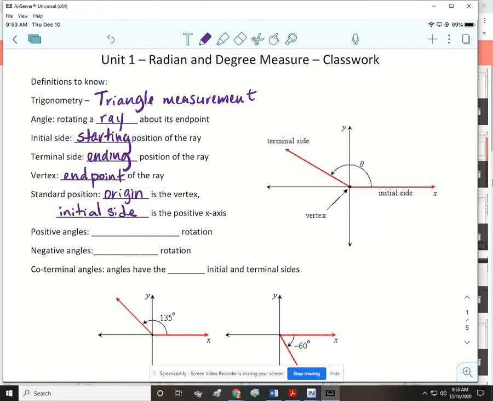All right, now you have positive and negative angles. Positive angles are going to result from a counterclockwise rotation, and negative angles result in a clockwise rotation.